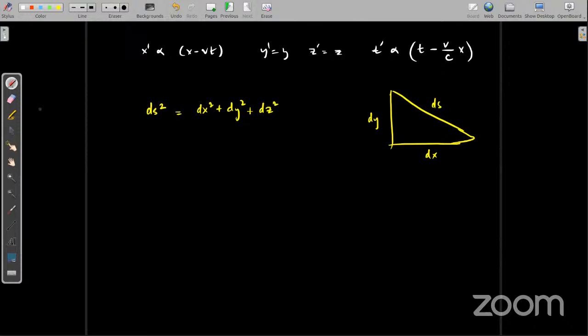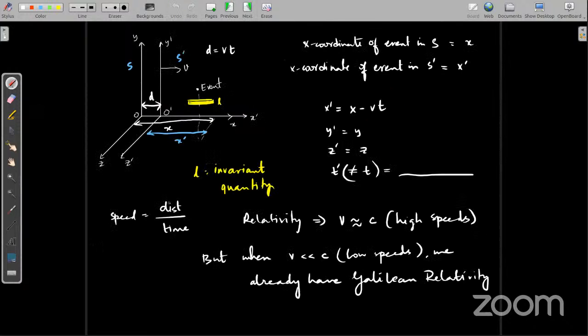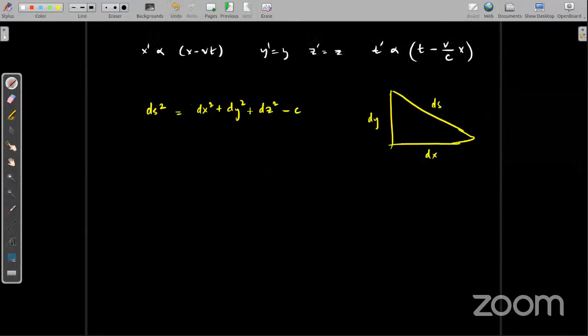Now, like we discussed in this section over here, if speed is to remain constant, then one of them must change. We've already dealt with distance. dx, dy, dz are all distances. So now we need to make a compensation for time, and that is done as follows: minus c squared dt squared. c squared dt squared gives you the dimensions of length squared, so this entire equation is satisfied dimensionally.